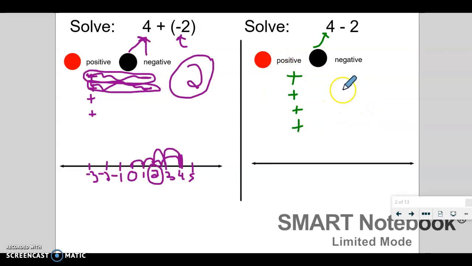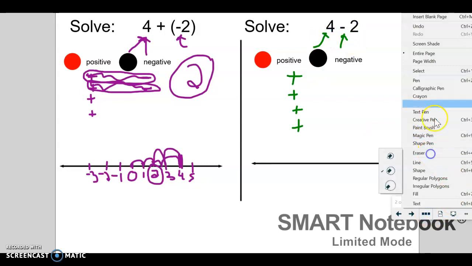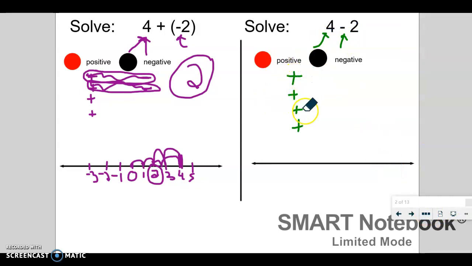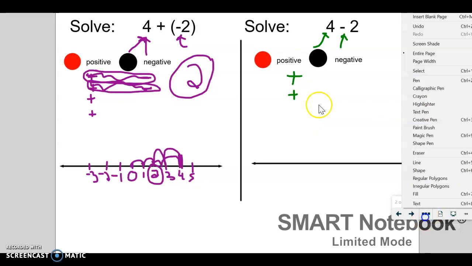And then you can think of this 2 different ways. You can think of this as subtraction, so I'm going to take away. If I take away, I'm just going to grab my eraser and take away 2 positive signs. And then that's your final answer, which is plus 2.